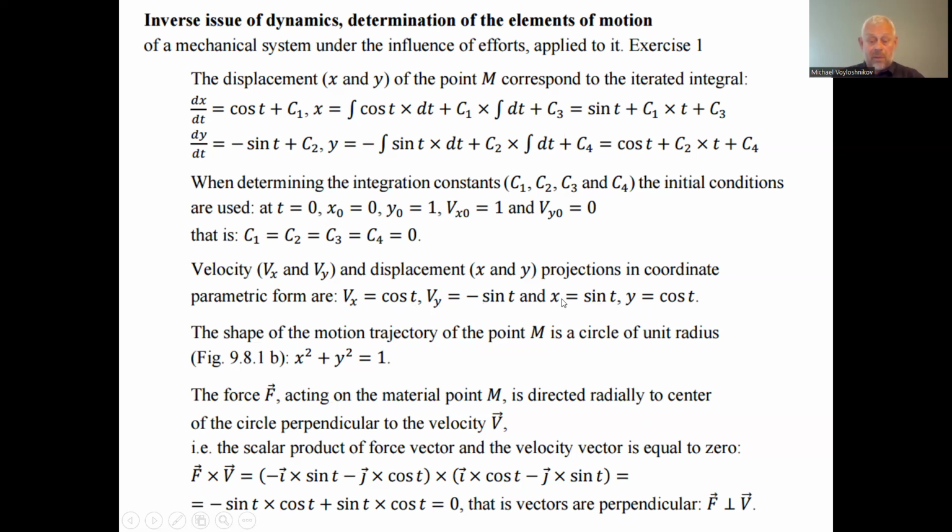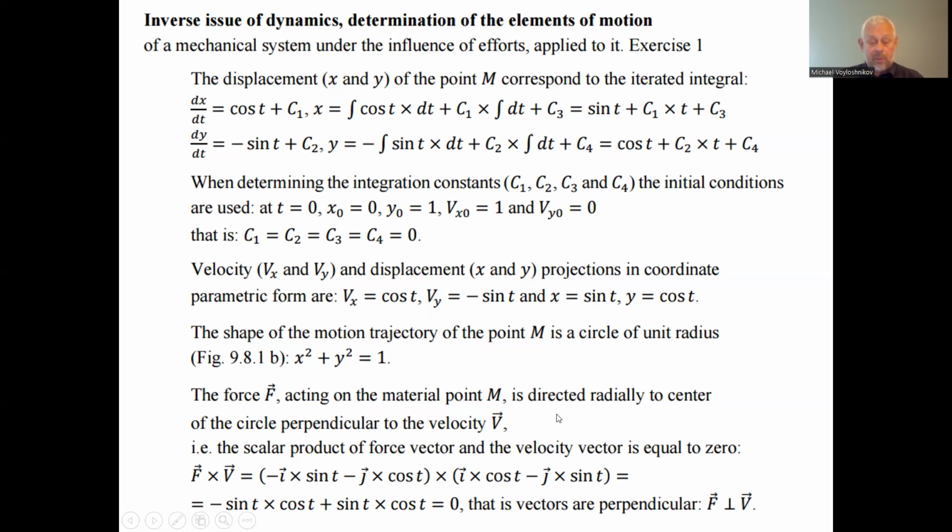If we square the left and right sides of each equation, next we assume that x squared plus y squared, that is sine squared t plus cosine squared t, is equal to 1. This means that the trajectory shape of the motion of the point is a circle of unit radius.